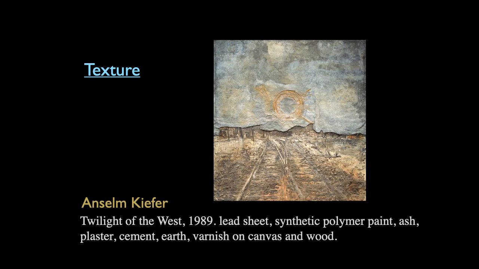In this Anselm Kiefer painting, we see actual texture, and it happens because he's using a whole variety of very physical materials on the surface of this canvas. There's lead, there's paint, ash, plaster, cement, dirt, varnish, and canvas all stretched and put on top of this wood panel.